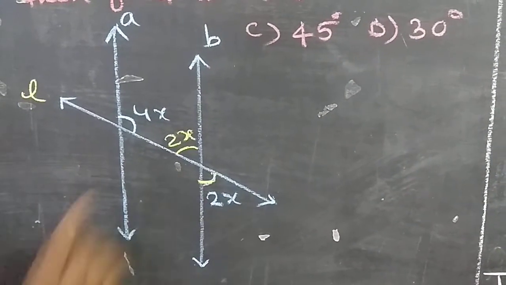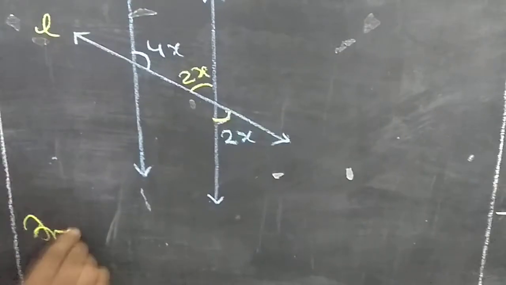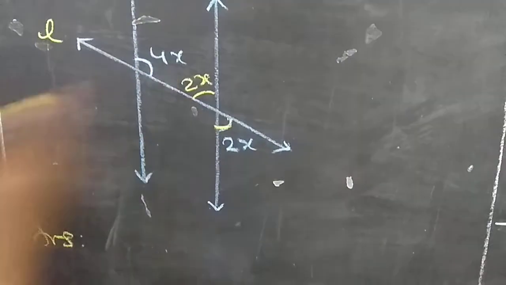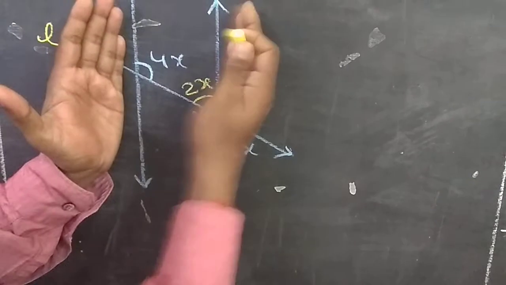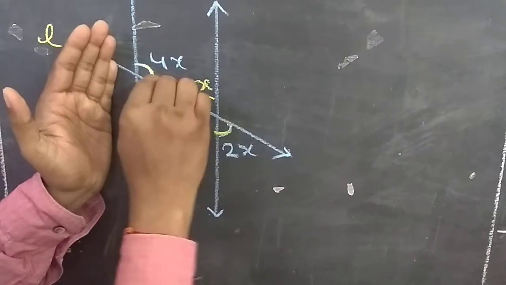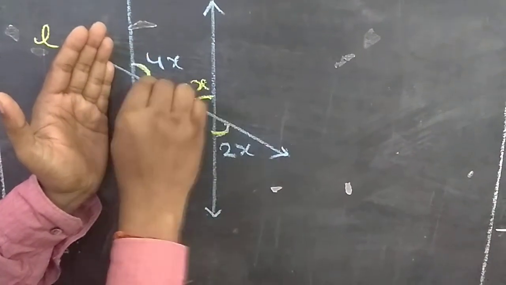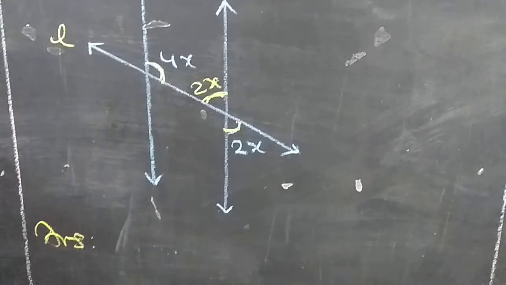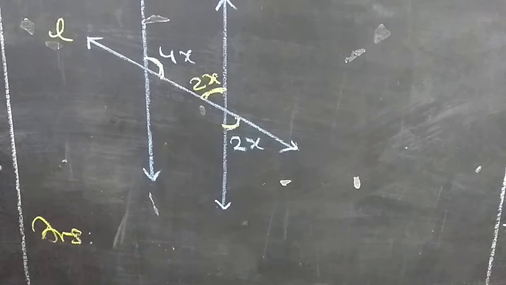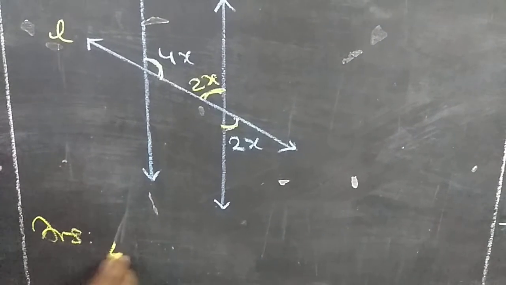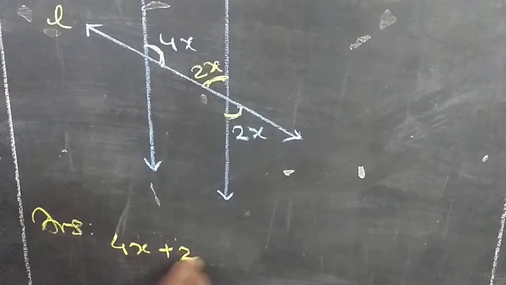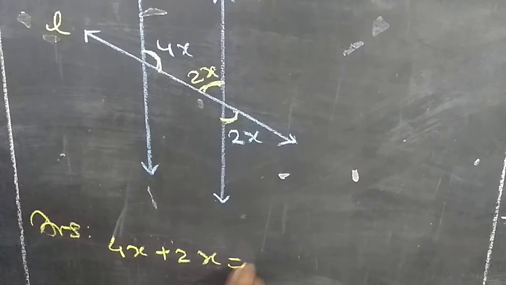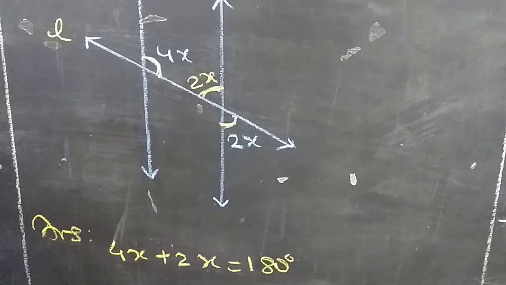Okay, so now you can directly decide these both lines are parallel and this is transversal. So this angle and this angle will form interior angles, and the sum of the interior angles is always supplementary. So your 4x plus 2x is equal to 180 degrees.